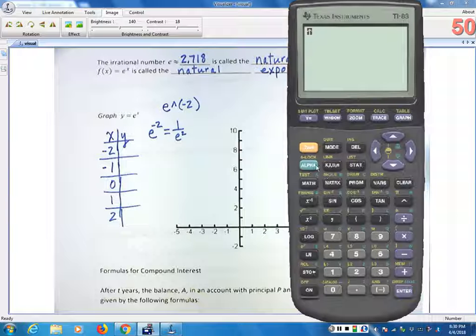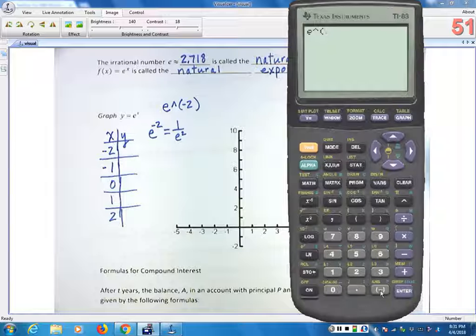Second ln key is the e to the something. So ln, down here, right next to the 4, is e to the x. So you do second ln key, you get e to the x. If you want to raise e to an exponent, it sets it up for you, puts a caret, and puts a parenthesis.